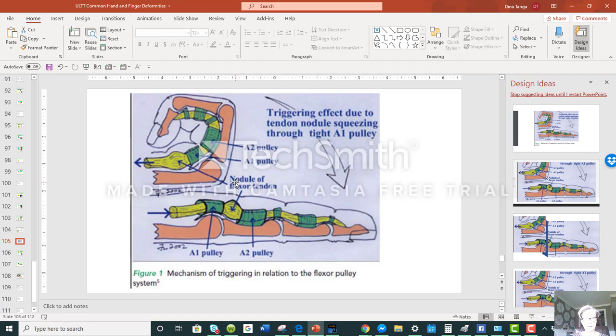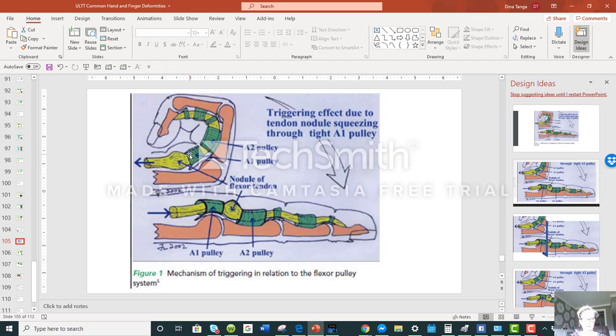That nodule is swollen, so it's trying to pull through the A1 pulley, the flexor pulley, and it's not able to squeeze in there. So it's triggering. That's what it looks like.